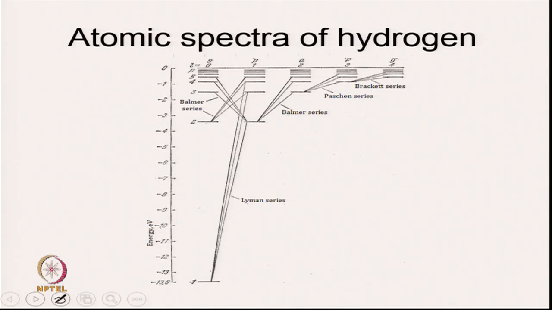So, you see n is equal to 1, this is 1s to 2p. Here you see this is your Lyman series. You can talk about emission, you can talk about absorption, both. Here n is equal to 1 and n dash can be anything which is greater than 1.